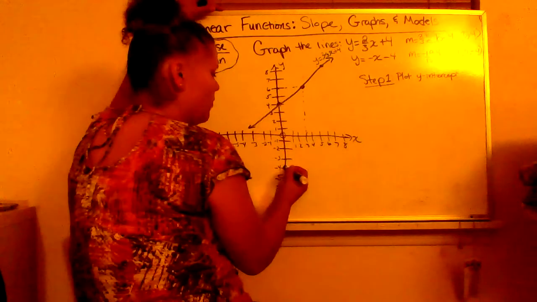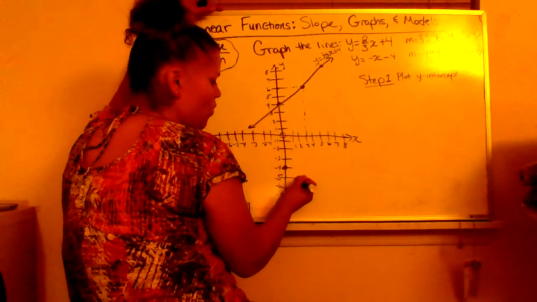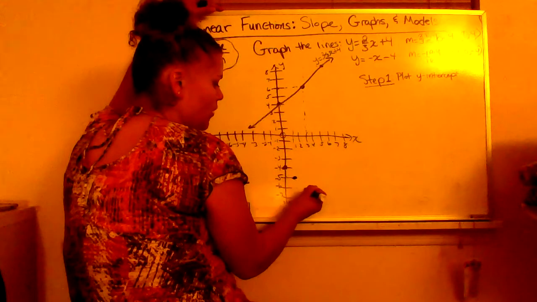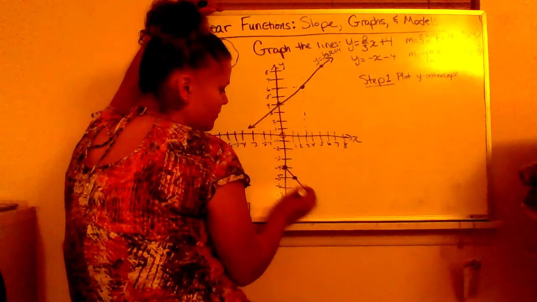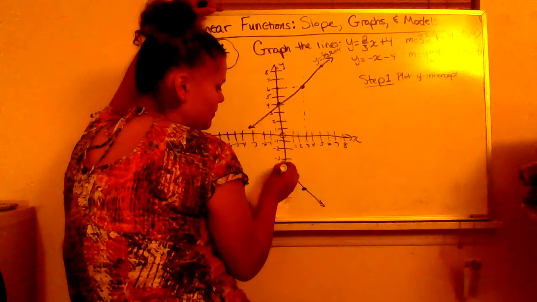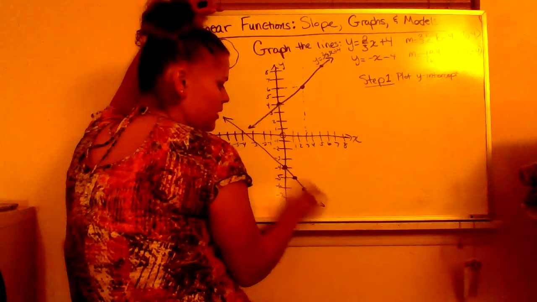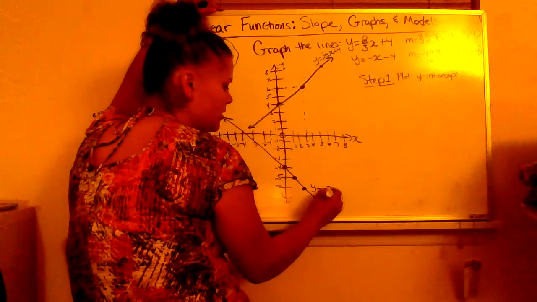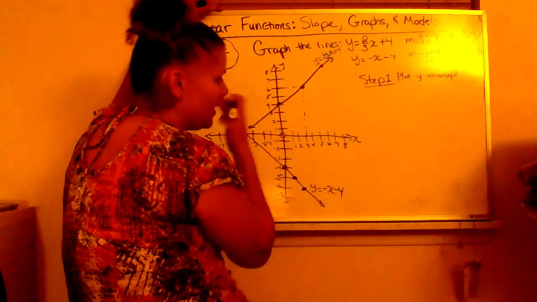So from the point, I fall 1 and run 1. And then I can fall 1 again and run another 1. So now I have another line here. So now this is y equals negative x minus 4. So now I just graphed these two lines.